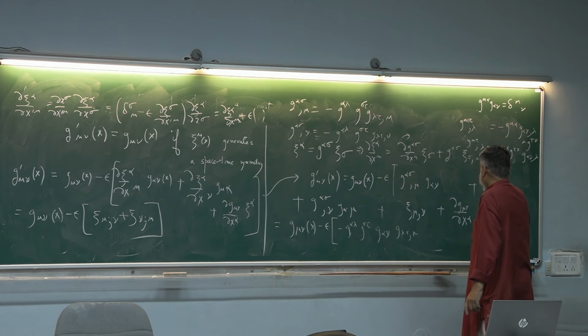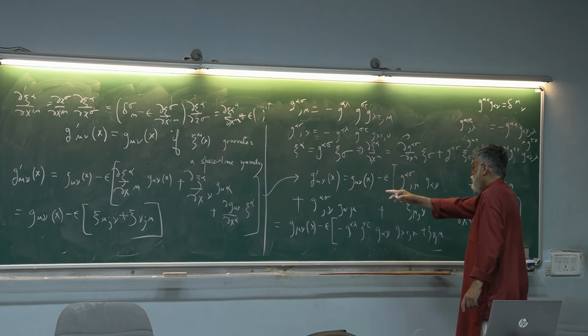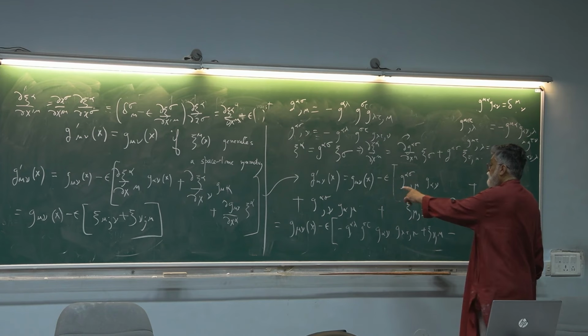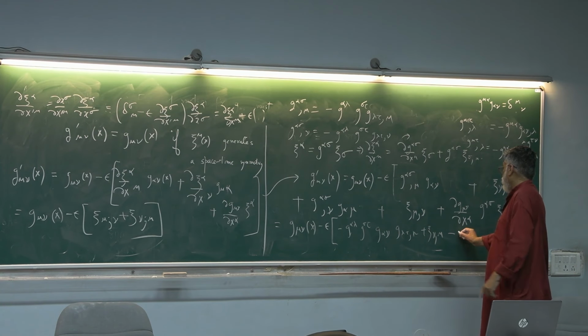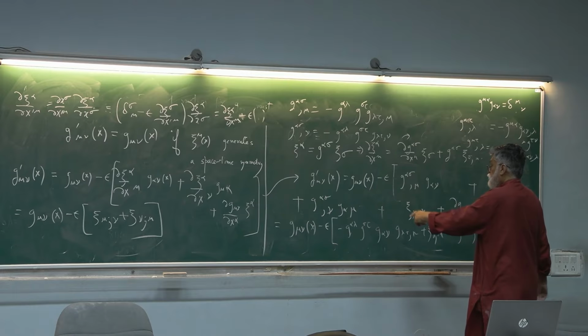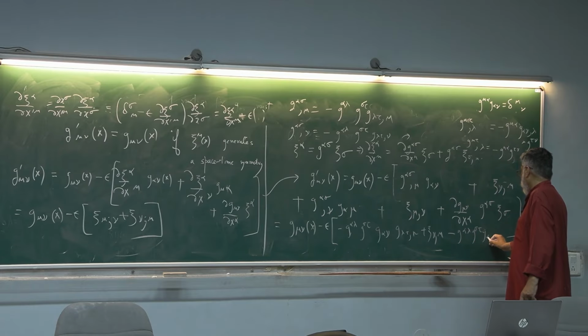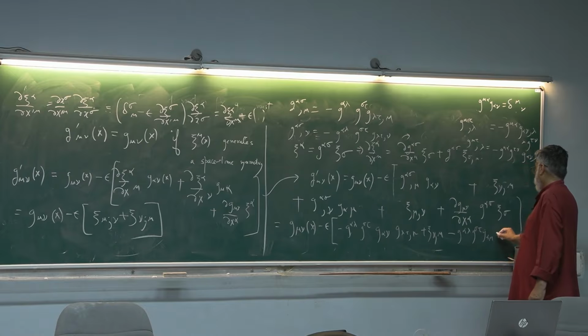Then there is a xi nu, so xi nu comma mu, then this term minus g alpha sigma nu, which is minus g alpha lambda g sigma tau into g alpha mu, and then there is the other term, minus, what is the other term?